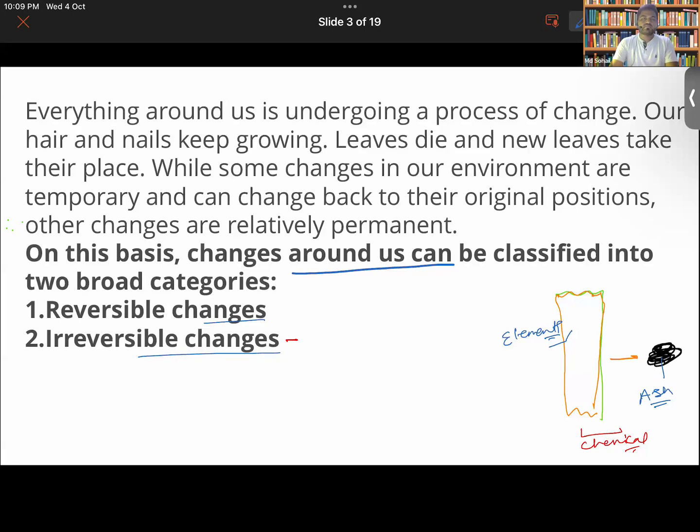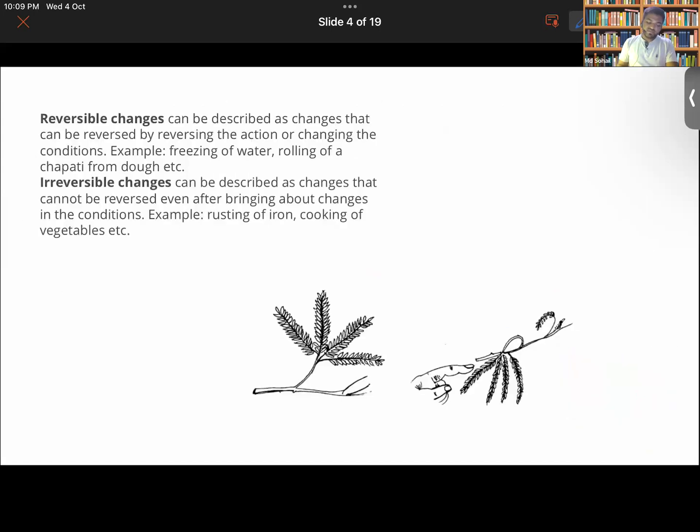The name means that the original substance can be obtained back by doing certain changes in the factors responsible for the change of the state of the original substance. Then in the case of irreversible change, the chemical composition of the substance changes, thereby the original substance cannot be taken directly back. Read the paragraph given here.